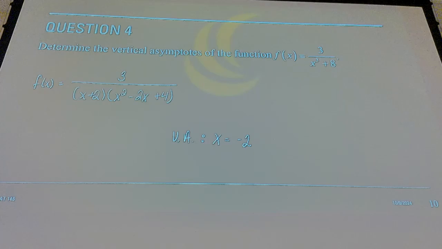Is that it? It is. x cubed plus 8 will only have one real 0, negative 2. The other two zeros are complex.